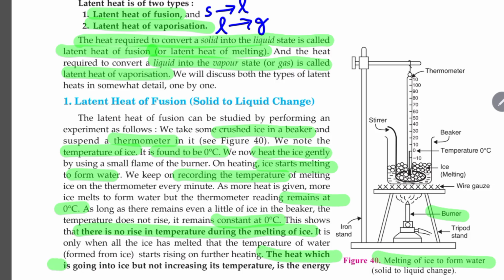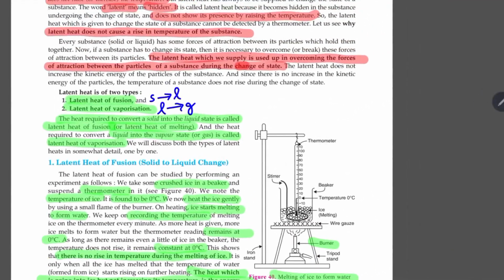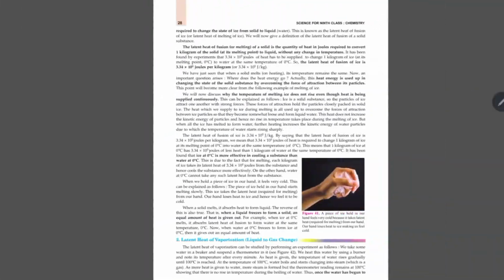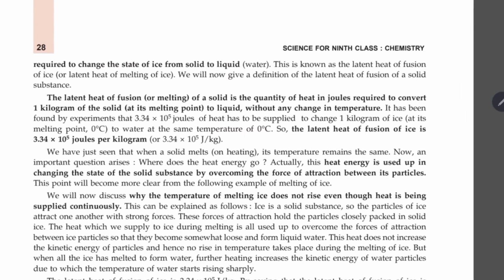The heat which is going to the ice does not increase the temperature and is the latent heat. So it is the energy required to change the state of the ice to the liquid state, that is the water state, in overcoming the forces of attraction between the solid ice particles and increasing the interparticle distance, decreasing the interparticle forces of attraction.